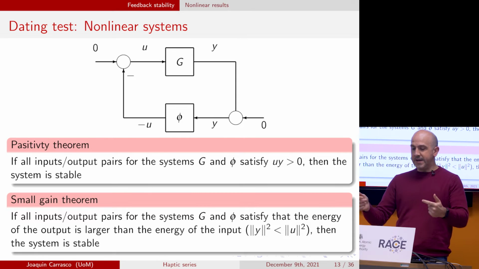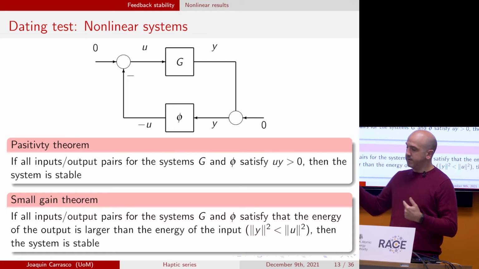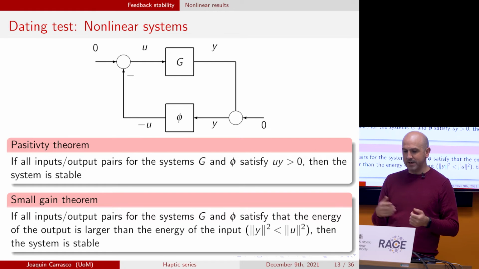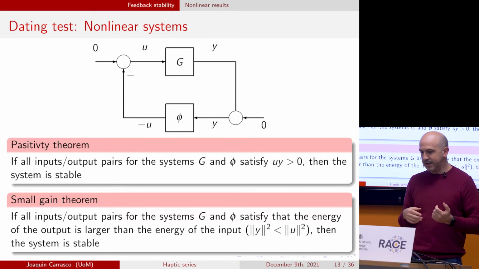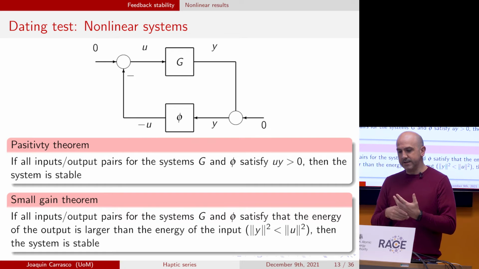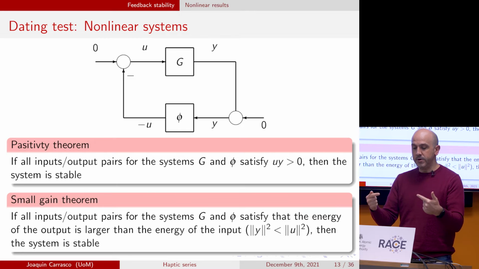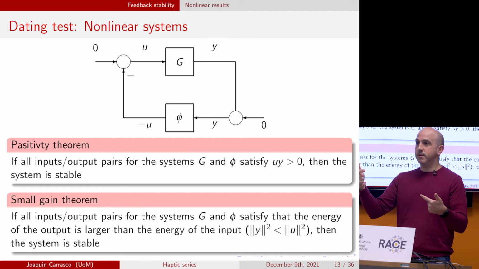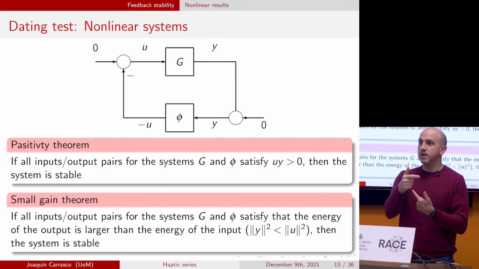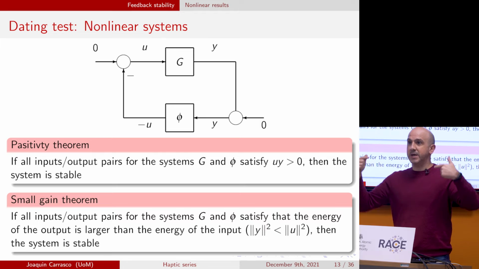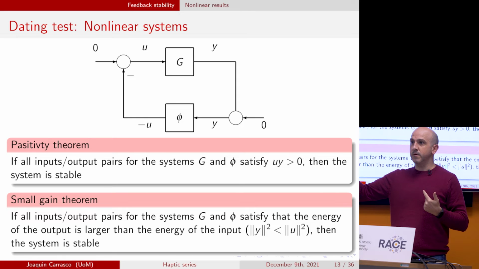If you move to the other side, phi, I am just putting phi out of convenience, to show that it can be nonlinear. If you think about phi also being passive, then now you say, okay, my Y times minus U has to be negative, because the first one is telling me that U times Y is positive.